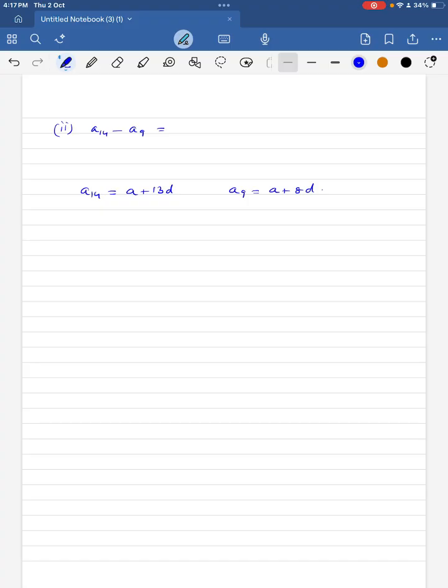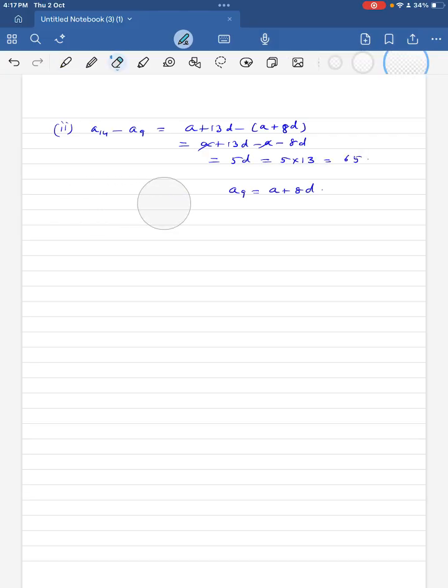Now we just have to subtract the two values. That gives us 5D, and D we know is 13. So 13 times 5 gives us 65. So that will be the difference between the paracetamols sold by the 14th and the 9th pharmacies.